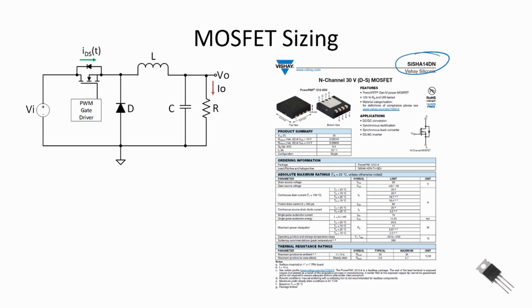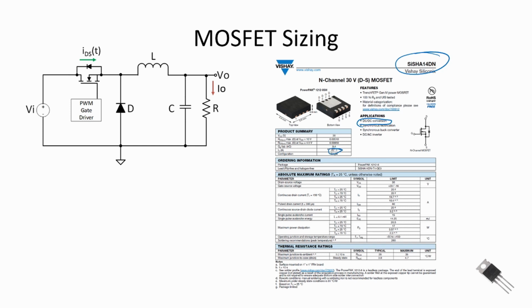And this is the part that I'm going to select for this design, and you'll see that one of its applications that is given is the DC to DC converter. It's a 30 volt device, and the current ratings on it are 20 amps.